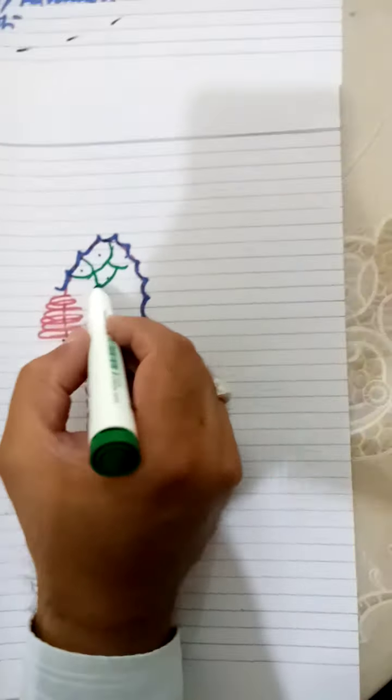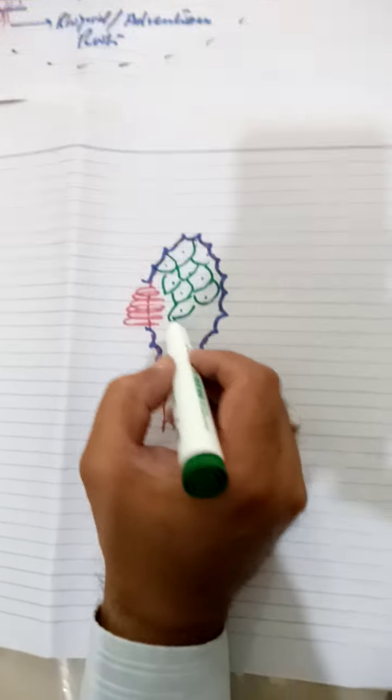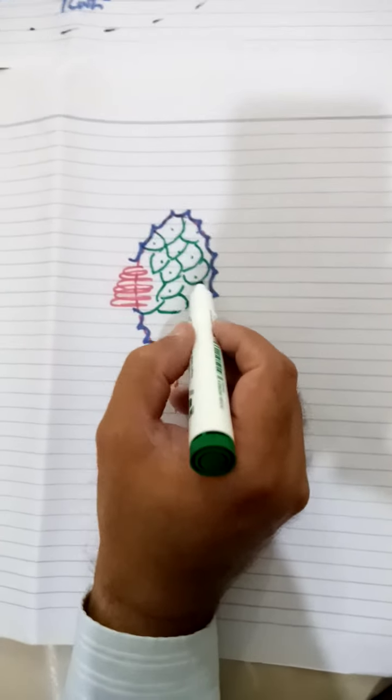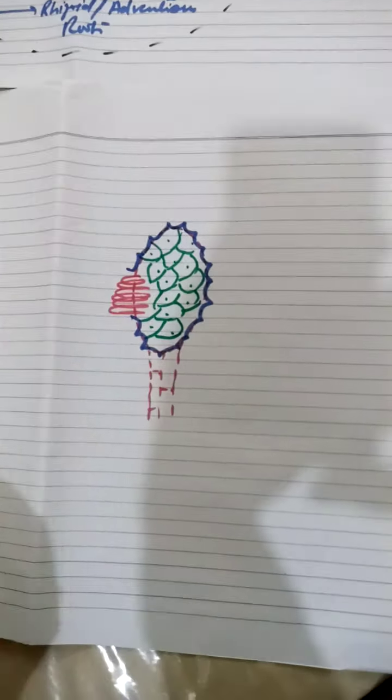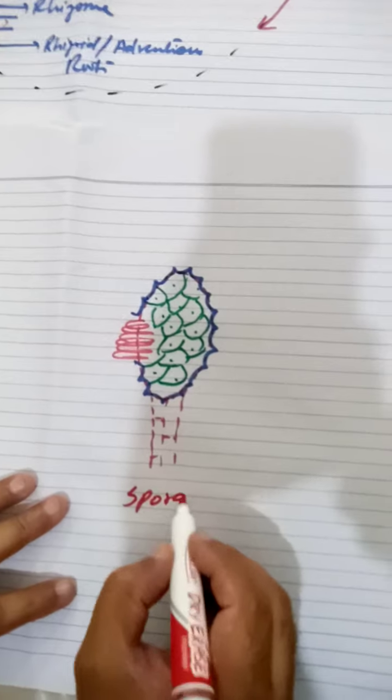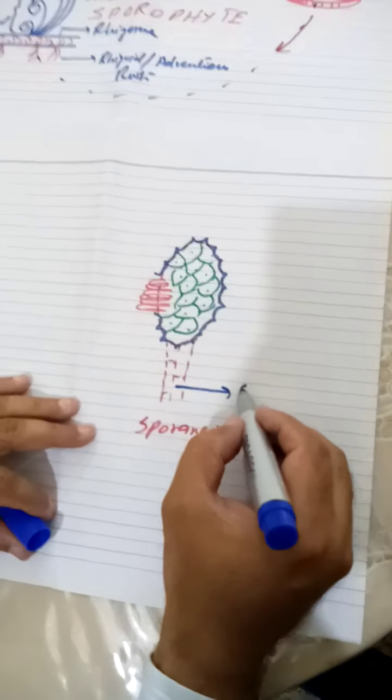That is the sporangium, at the base of the leaf, such a leaf is called a frond. The group of sporangia is called a sorus, and this is one sporangium, and that is its stalk.